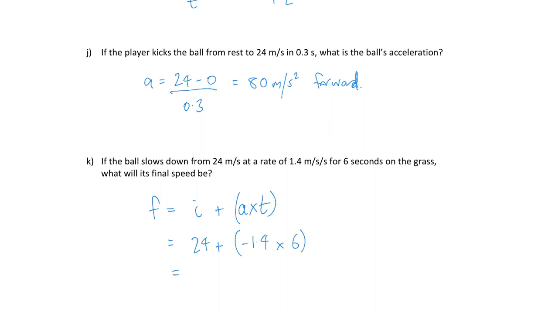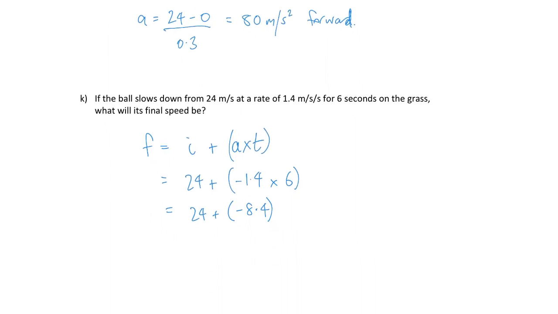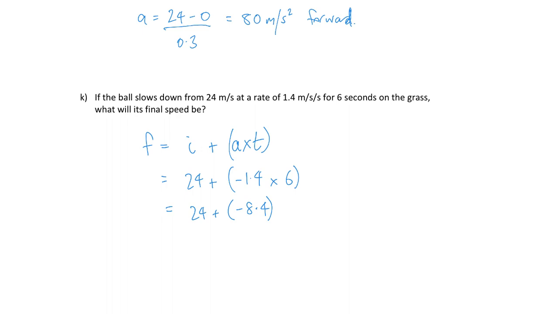So that's how we're going to show that it's slowing down. So 1.4 times 6 is negative 8.4. And if we subtract that from 24, we get 15.6 meters per second. Right, and that's its final speed after it slows down a bit.